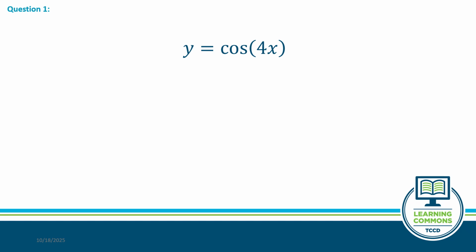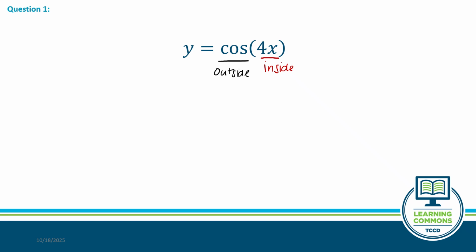So I have y equals cosine 4x. In this scenario, cosine is the outside function and 4x is the inside function. Why am I making that distinction?